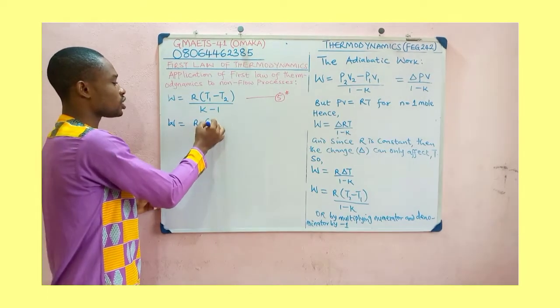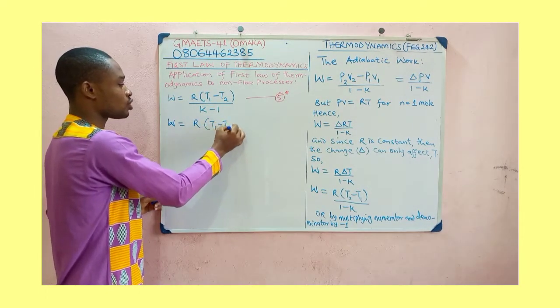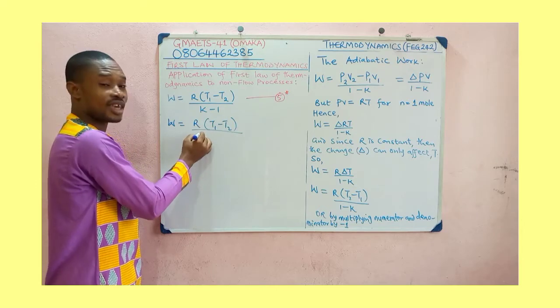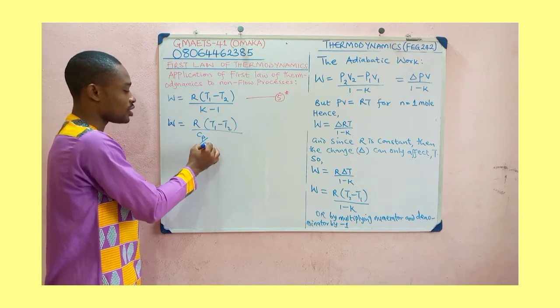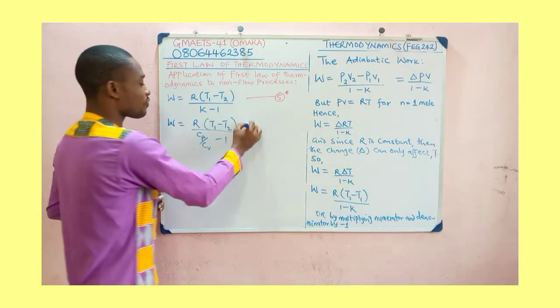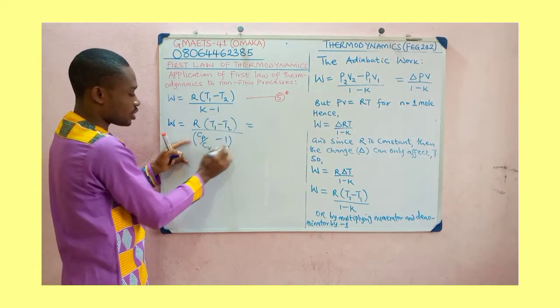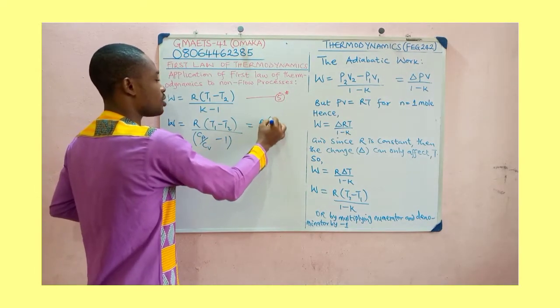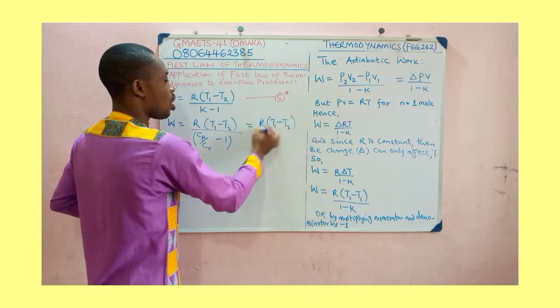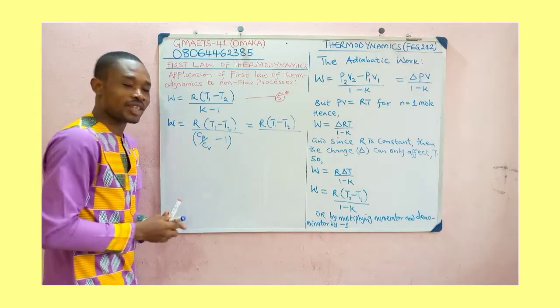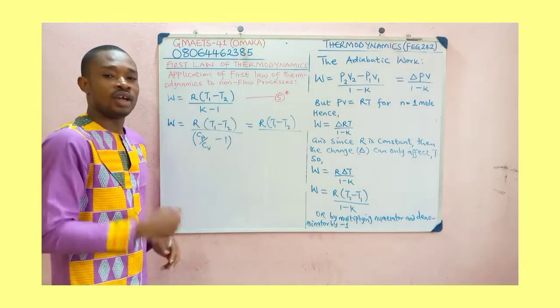So we can write this equation as R(T1 minus T2) all over, in place of this K, I will fix in Cp over what? Cv minus 1. Which of course, if I work out the denominator LCM, is going to be R(T1 minus T2) all over... Okay, you are subtracting a whole number from a fraction.